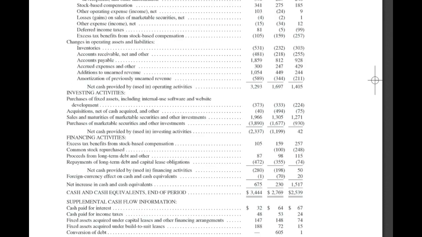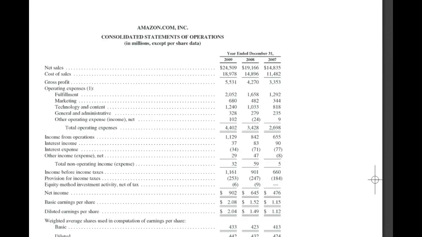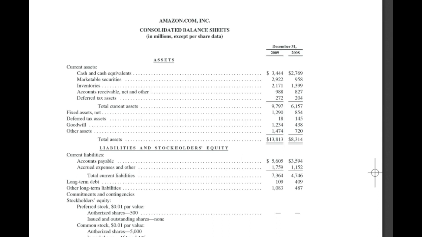What is the inventory? So where in the heck are you going to find that? Probably not in the income statement. Would not be a good place. But you will find it on the balance sheet. And you will find inventories right here. So there's your inventories for 2008 and 2009.